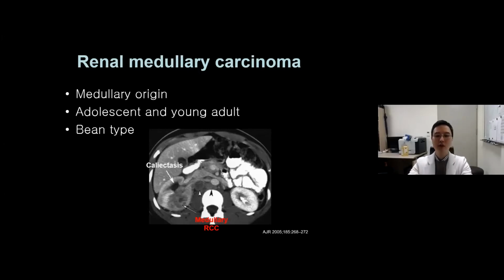So when you encounter a patient with a renal tumor who is in their 20s or an adolescent, you should consider renal medullary carcinoma in the differential diagnosis first. These are normally bean-type tumors, and this tumor quickly grows to fill the renal pelvis and invade vascular or lymphatic structures, having a poor prognosis.